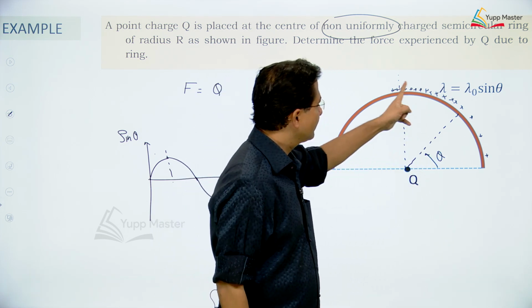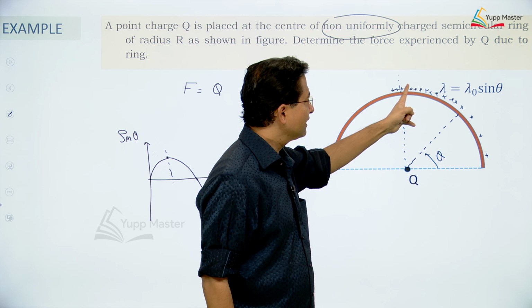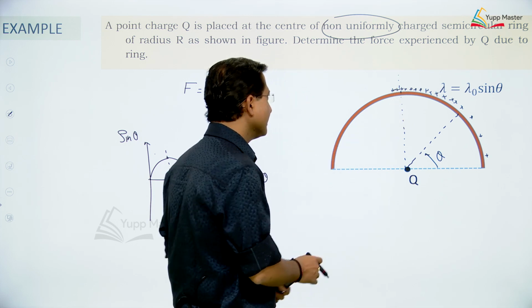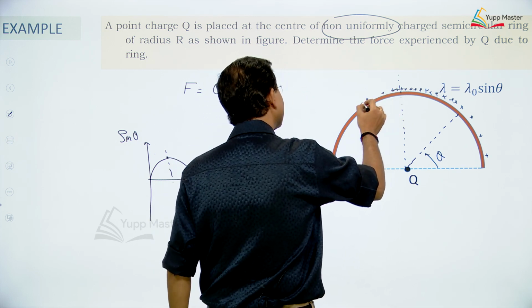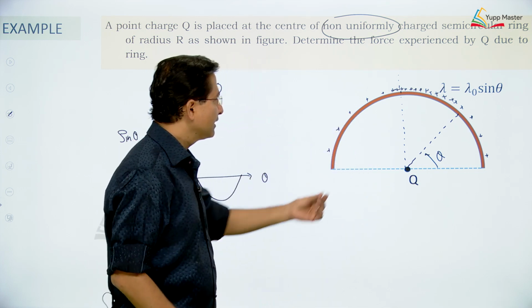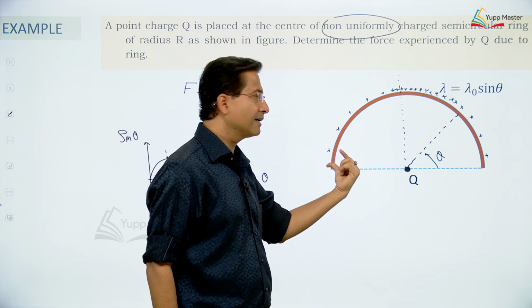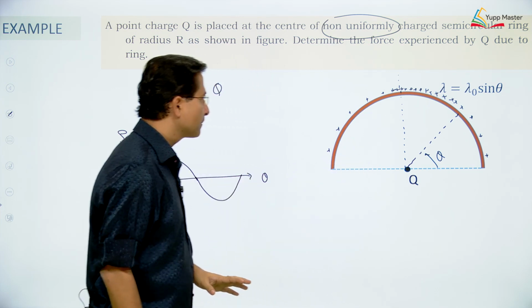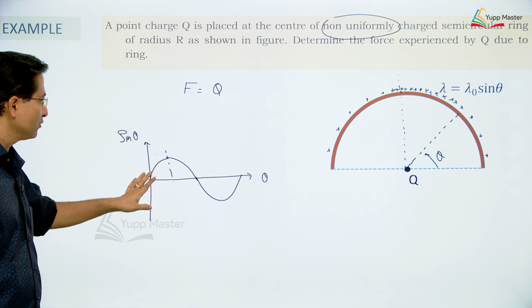As you keep moving, density increases and it will be highly dense here, and then the same thing happens again. Here the density starts reducing, and at 180 degrees it will be 0, right. So the distribution is non-uniform.